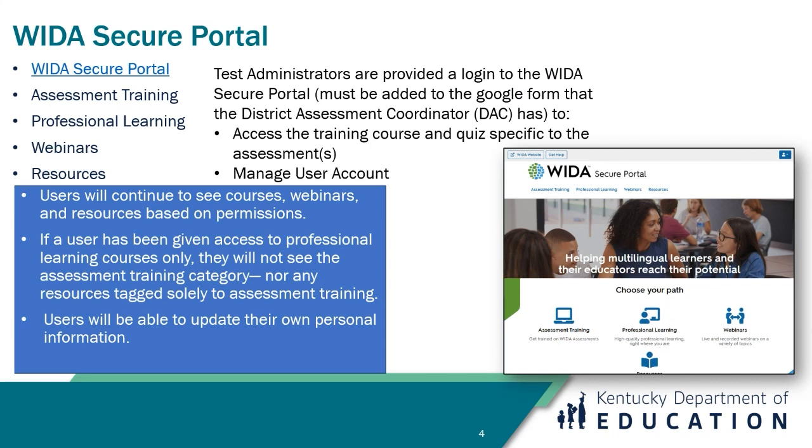So now that you've got access, what am I going to do? Now I see all this and it says choose your path. Well, what path are you going to choose? I'm going to choose the assessment training because that's how I get trained on the WIDA assessments, including any of the screeners. You're going to start out by getting training on the WIDA Screener for kindergarten and the WIDA Screener Online for grades 1 through 12, for students who are being identified to see if they're going to be identified as English learners.